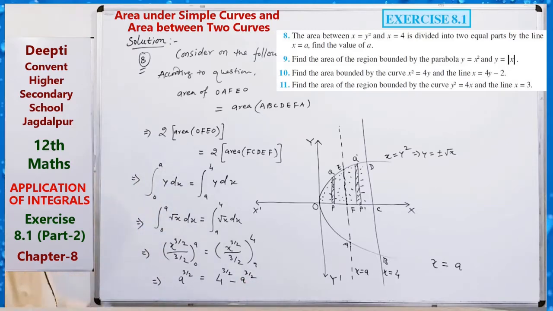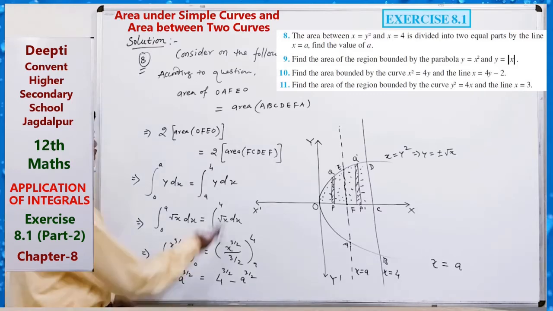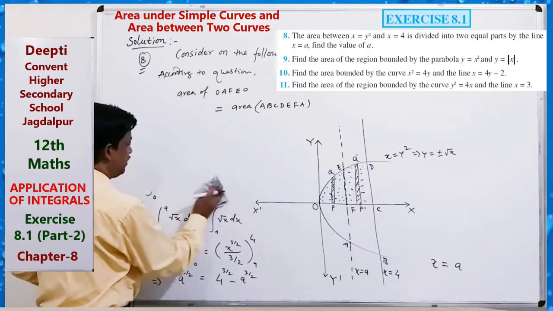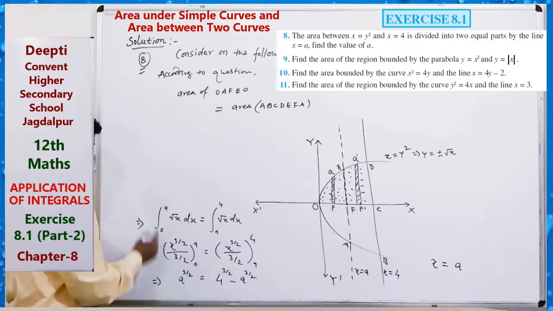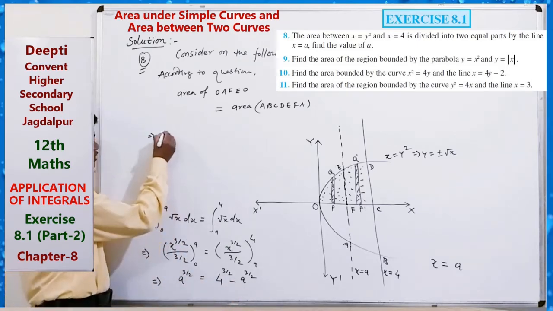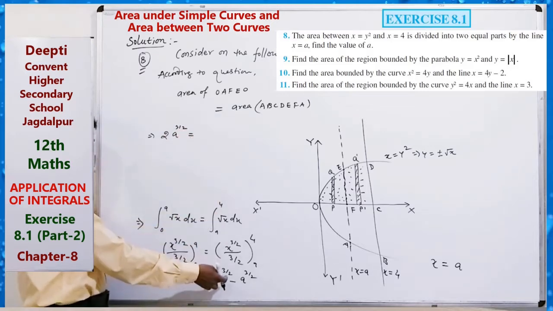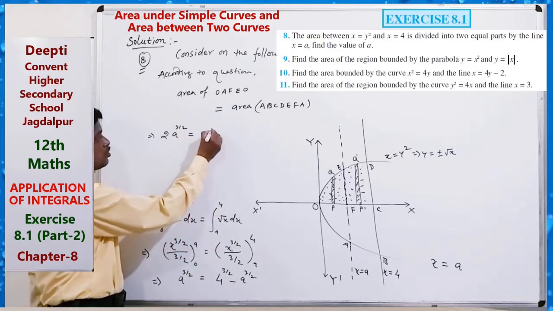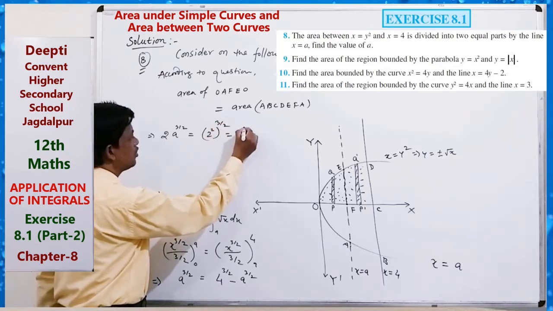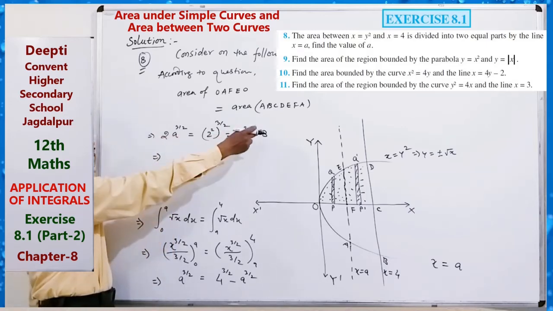Clear? From this relation we can find the value of a. Transferring, 2 times a to the power 3 by 2 equals 4 to the power 3 by 2, which is 2 square to the power 3 by 2, that is 2 to the power 3, equals 8.